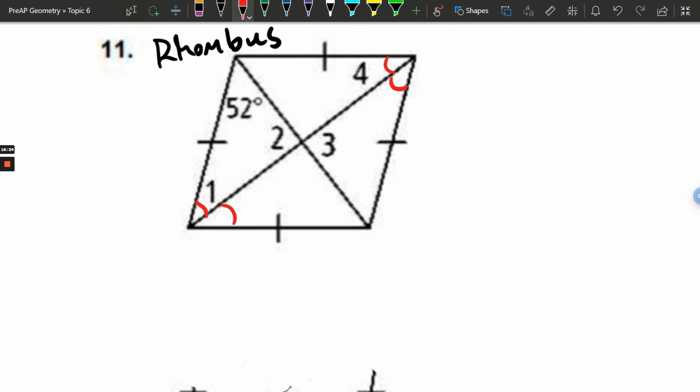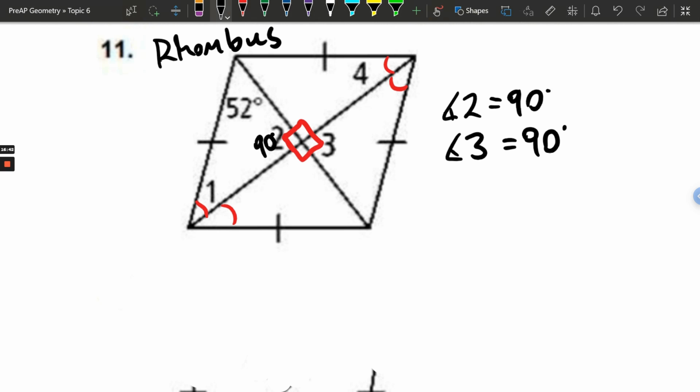I also know that the two diagonals are going to meet at 90 degrees because they are perpendicular, which means that angle 2 is 90 degrees and angle 3 has to be 90 degrees as well.